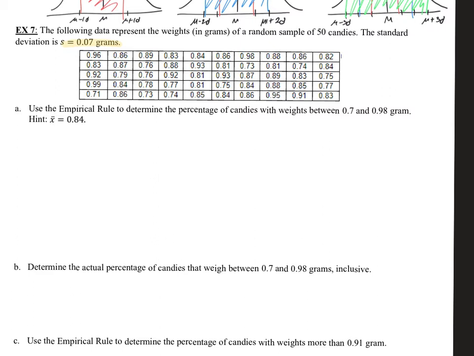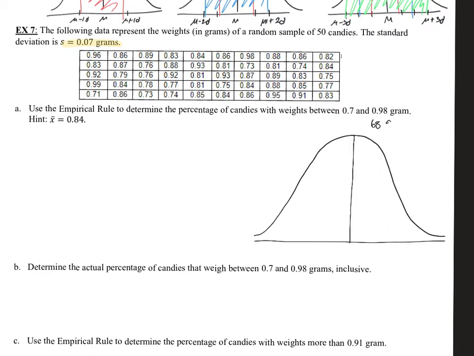Alright, so whenever anything talks about using the empirical rule, it's always a good idea to draw out the graph of the bell curve and label all the values you would need for the empirical rule, which would be your 68, 95, 99.7 marks. So our mean is 0.84, which means 1 standard deviation away from that would be my 68. So let's go ahead and calculate that.